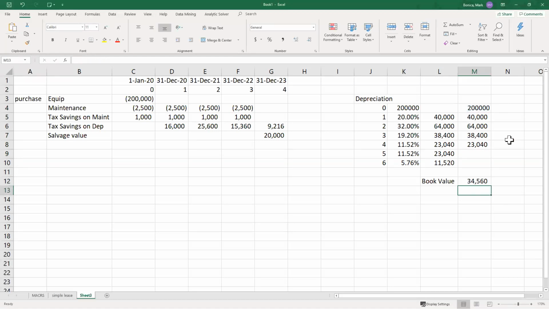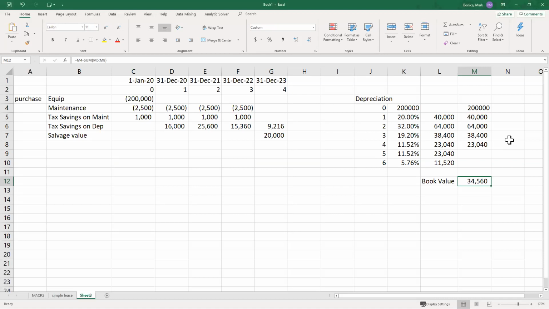And that would give us our net PPE value, which is also known as the book value of the equipment. Well, the book value of the equipment is $34,560. So according to the IRS, the thing that we are selling at the end of year 4 is worth $34,560. However, we're selling it for $20,000.